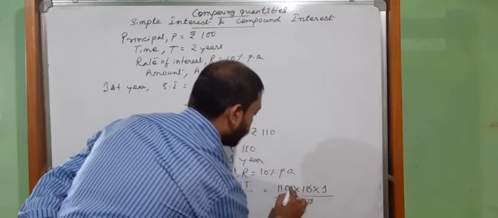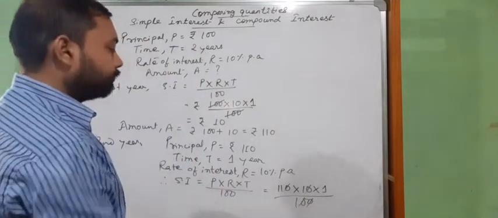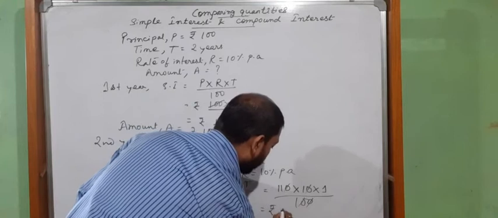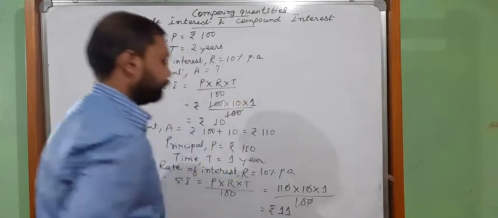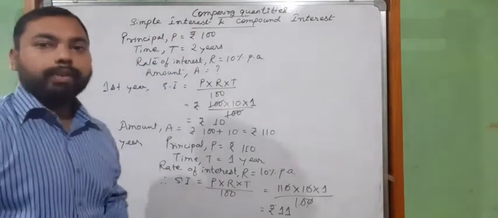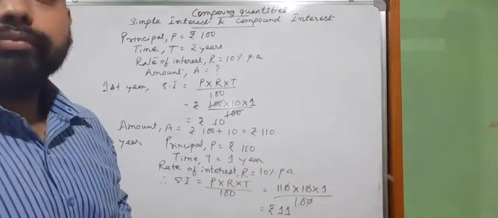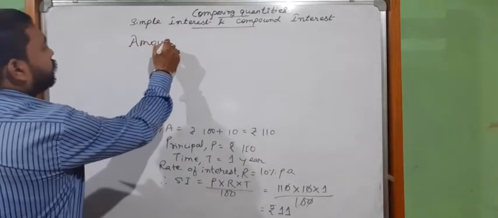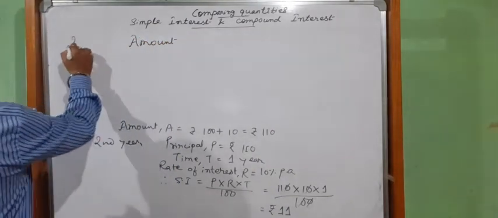So the zeros cancel, and it is rupees 11. I have to erase this part as there is no place. So my amount, this is for the second year we are calculating.